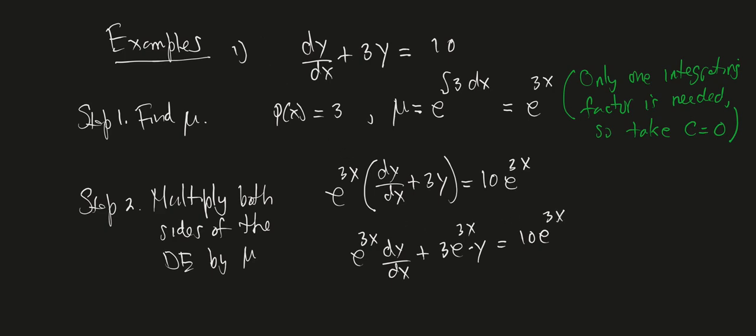If I look closely, I think I see it. I can have this as my f prime, and this as my f, and then this is my g, and all of this is my g prime. And there it is. I can see the product rule pattern now on the left.